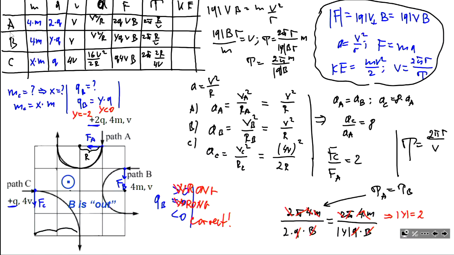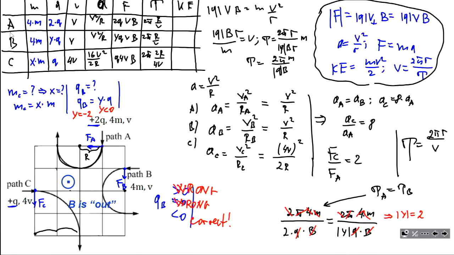Now, what else do we need to figure out? X, yeah, I forgot. For that, we need to relate particles A and C. And I have no space left. So this is what I want to write.